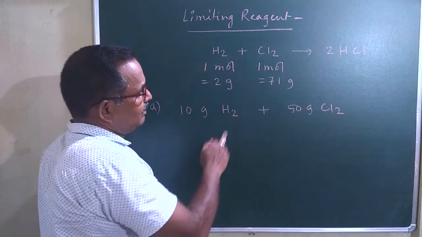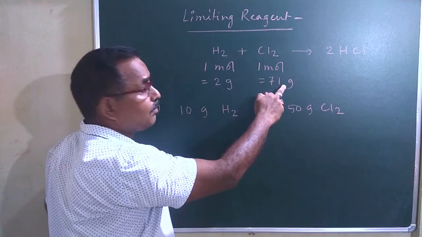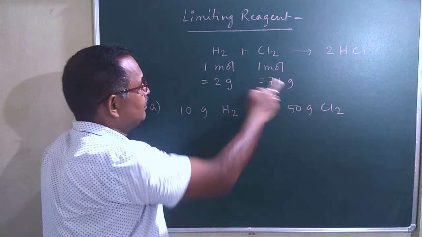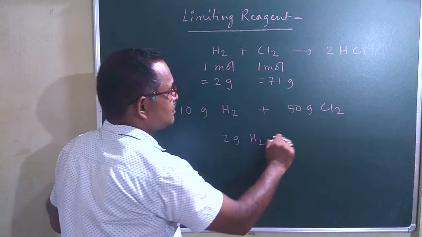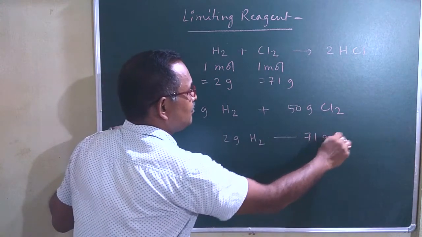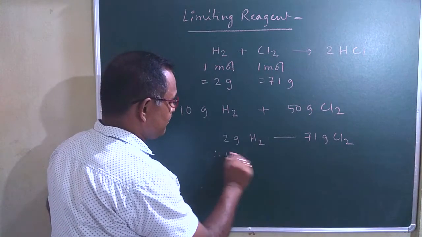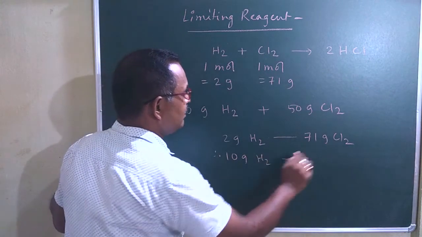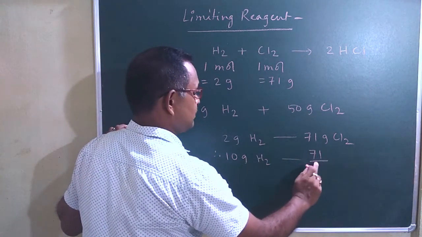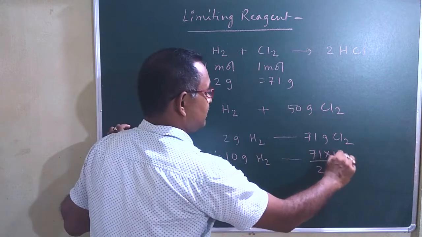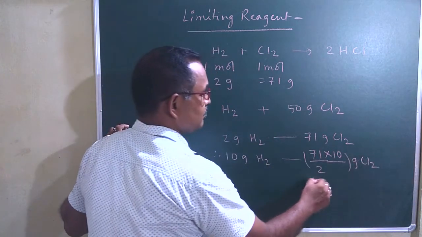Go to the equation. 2 gram hydrogen needs 71 gram Cl2. So 10 gram hydrogen would need 71 by 2 multiplied by 10 gram Cl2.